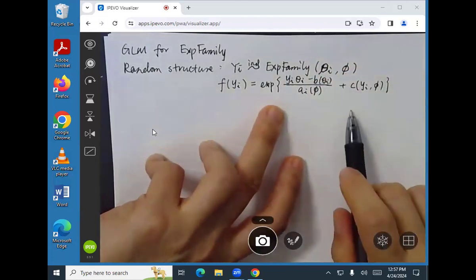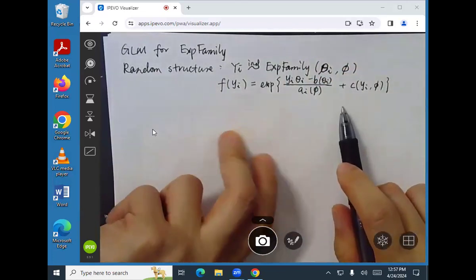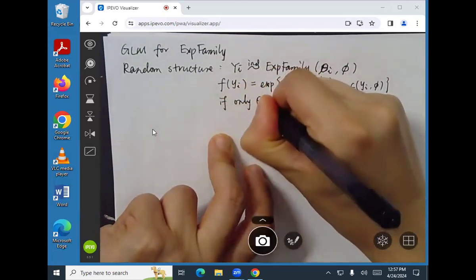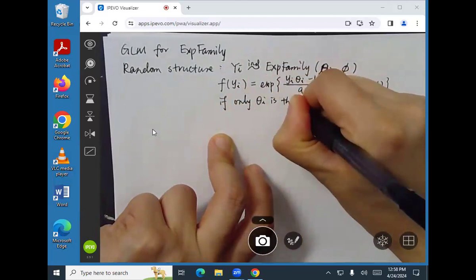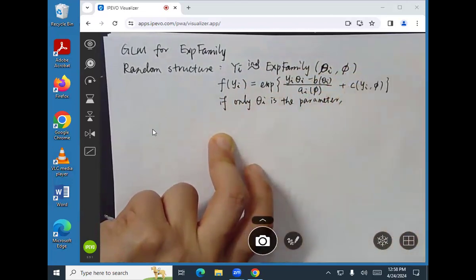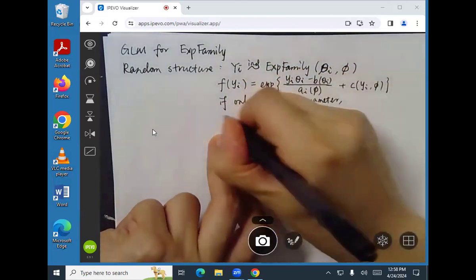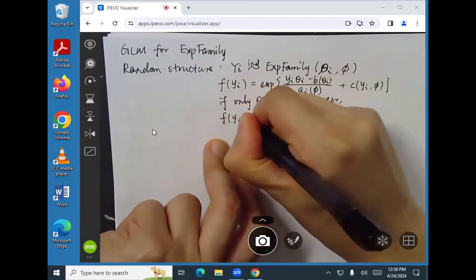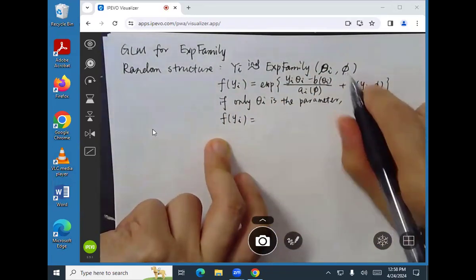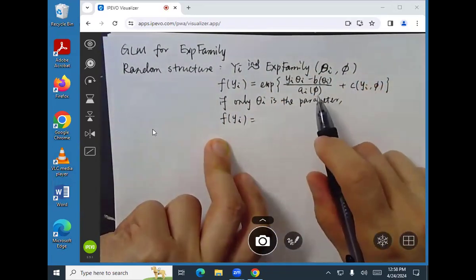So in this form, if only theta i is the parameter, which is the case for Bernoulli and Poisson, then we would have f of yi reduced to a reduced form. The parameter phi is no longer a changing parameter.